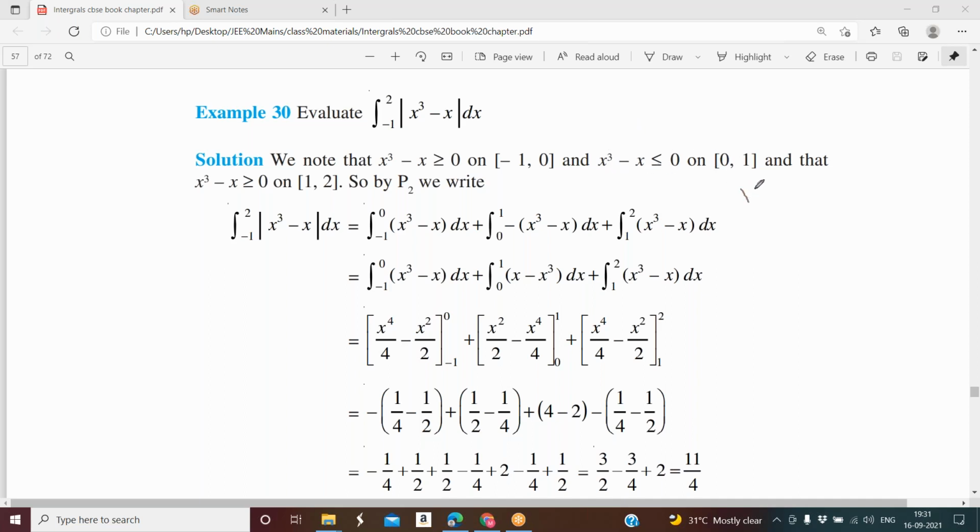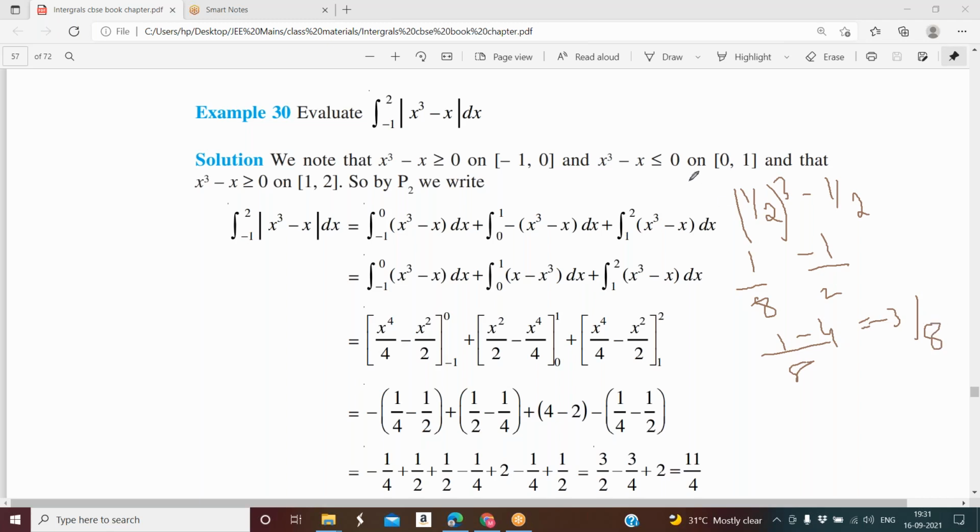Or you can substitute 1 by 2: 1 by 2 whole cube minus 1 by 2, which is 1 by 8 minus 1 by 2. The common denominator is 8: 1 minus, multiplying by 4, you get minus 3 by 8.